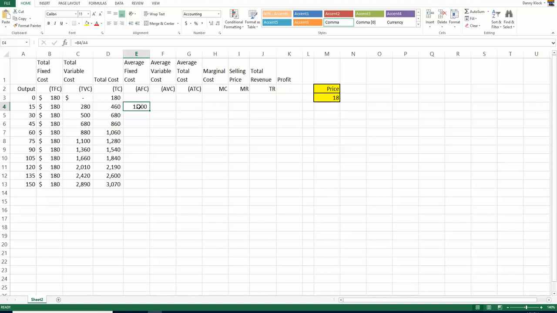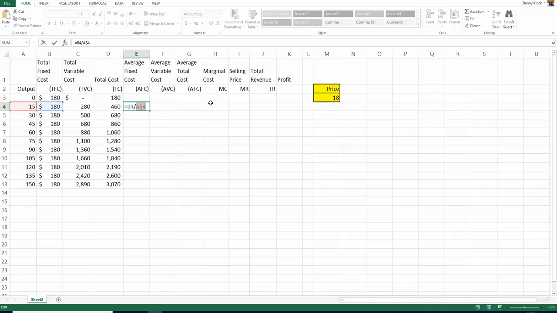So I'm going to double click on this formula, and then anywhere inside this A4, this is the famous absolute sign. Again, if you want to use Excel in business, you have to know this, right? I'm just going to hit my F4 key. I don't want the $ in front of the 4 because I want to go down to 30, 45. So I'm just going to hit F4 again.